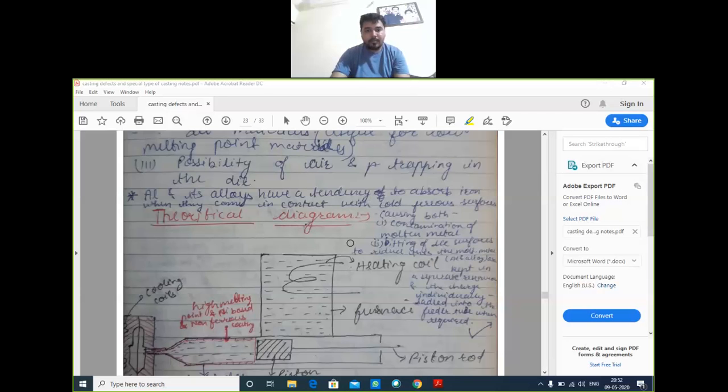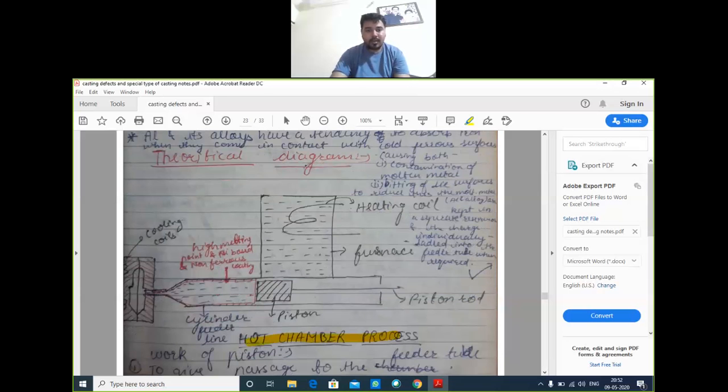This is a diagram of the hot chamber process. In the hot chamber process, the furnace is an internal part of the complete machine assembly of the permanent die casting process. Here, in the furnace, the metal is heated with the help of a heating coil.